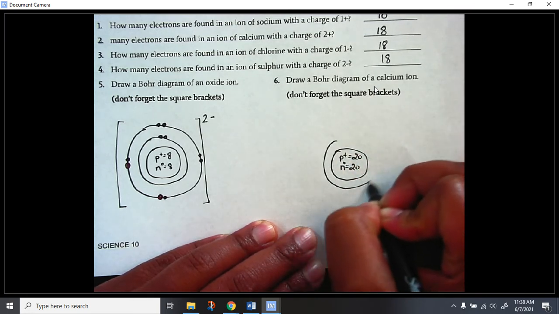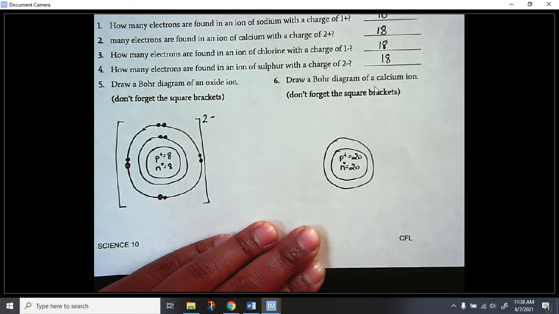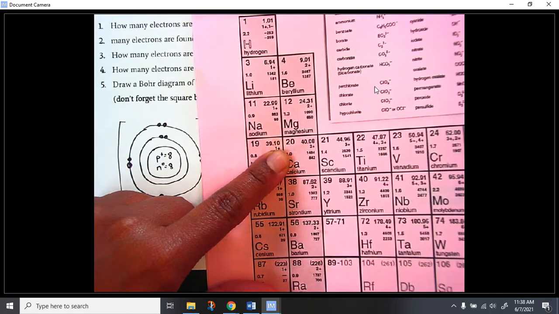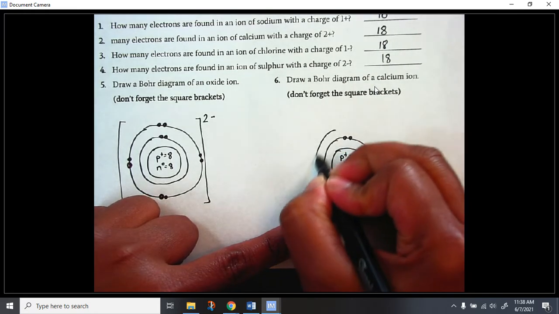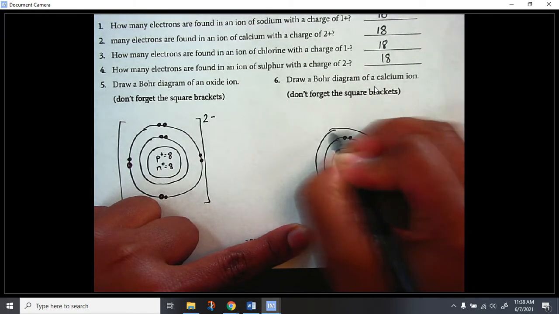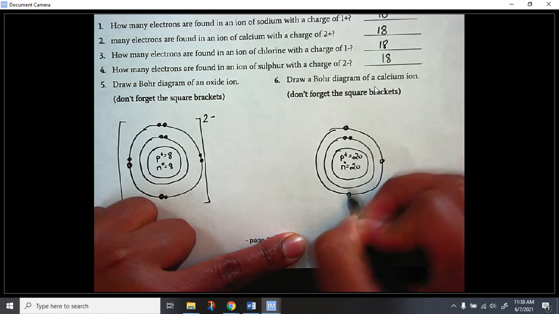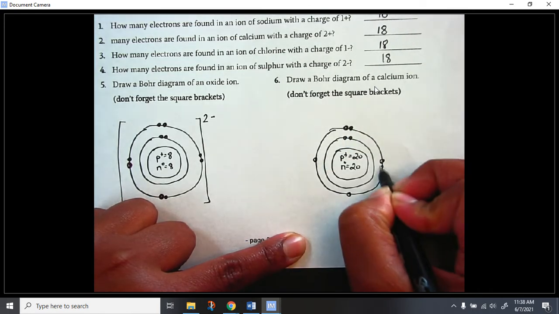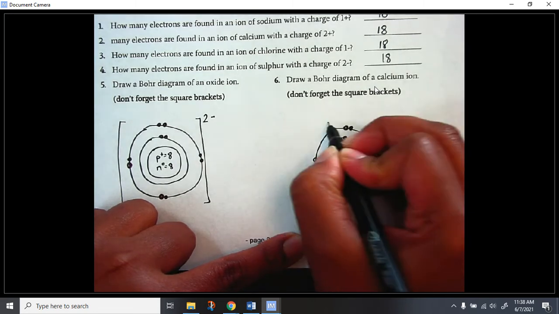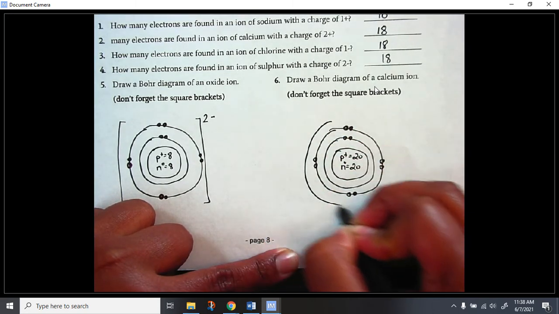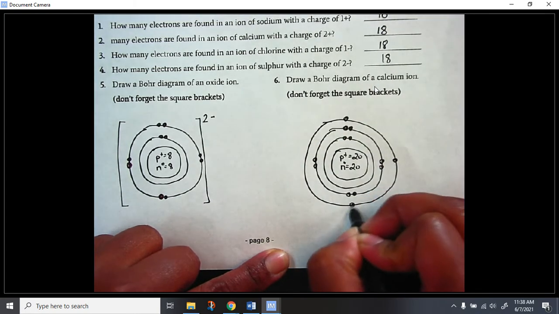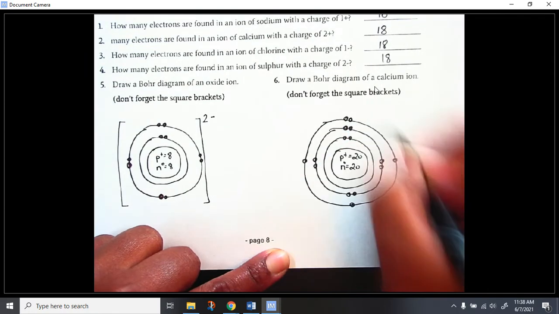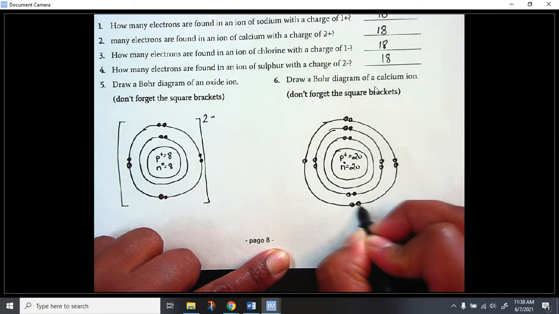If I had an atom of calcium, then because it's number 20, I would have 20 electrons. 1, 2, 3, 4, 5, 6, 7, 8, 9, 10, still not at 20. 11, 12, 13, 14, 15, 16, 17, 18.